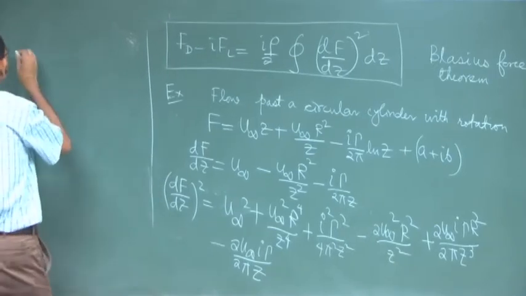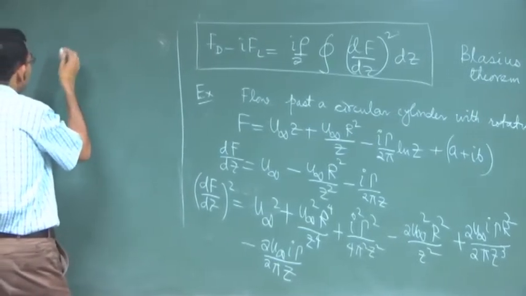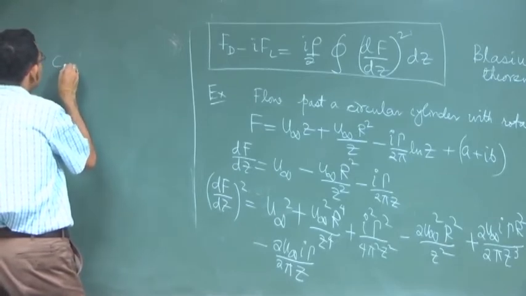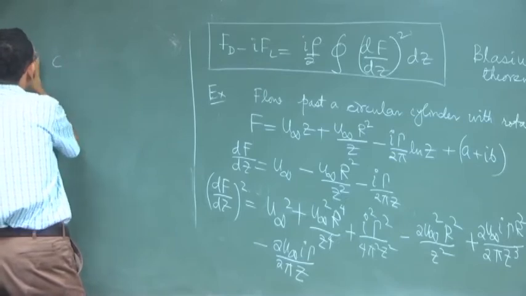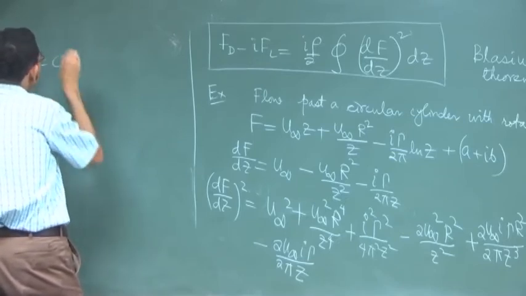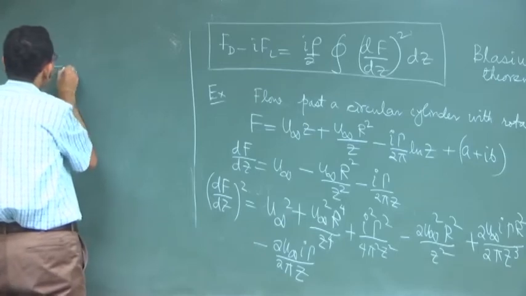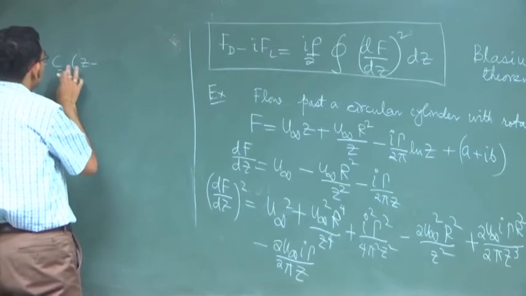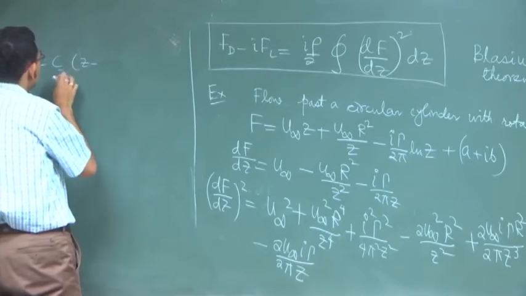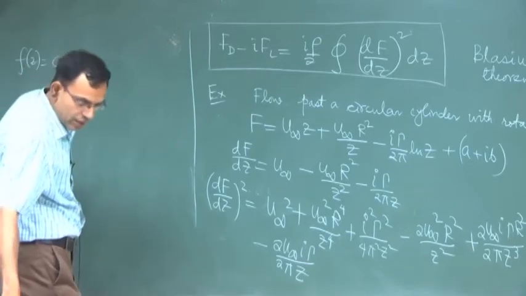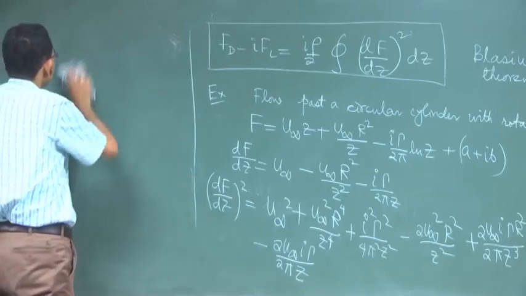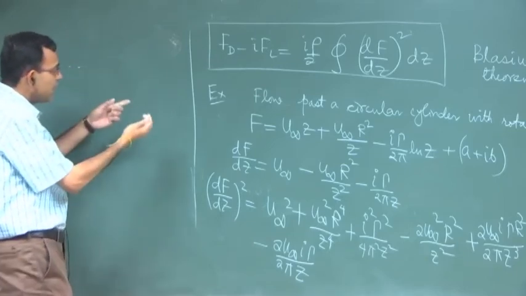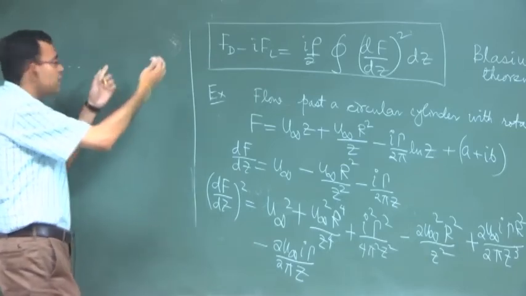So, let us say the function is f(z) equal to c minus 2 into (z minus a). So, let us start from the extreme negative coefficient to an extreme positive coefficient.